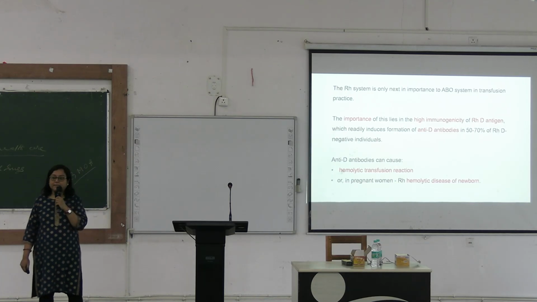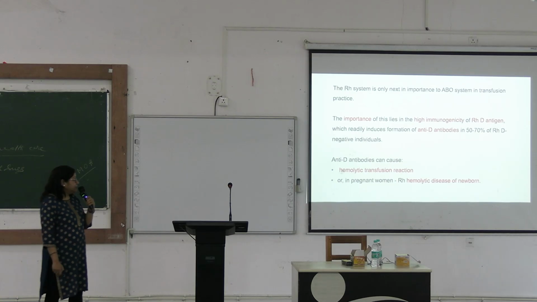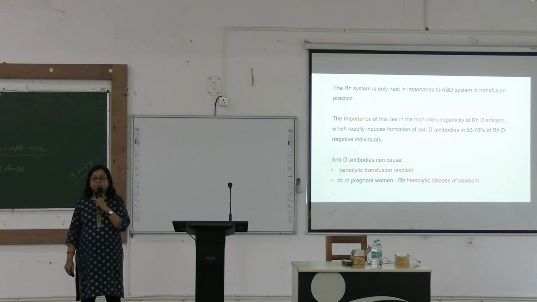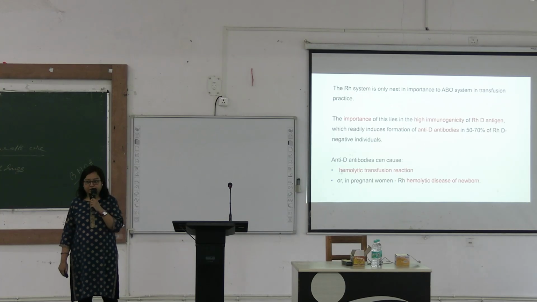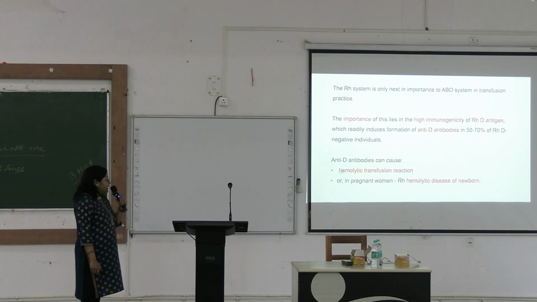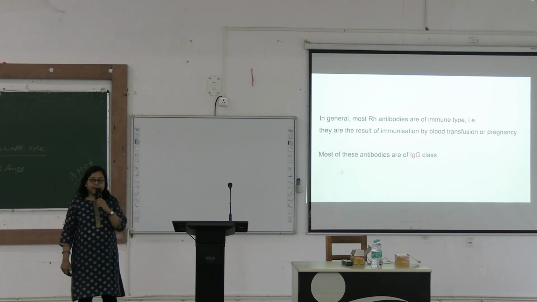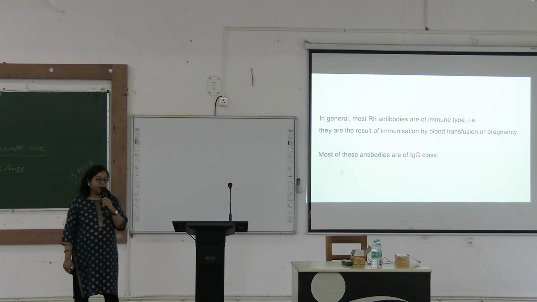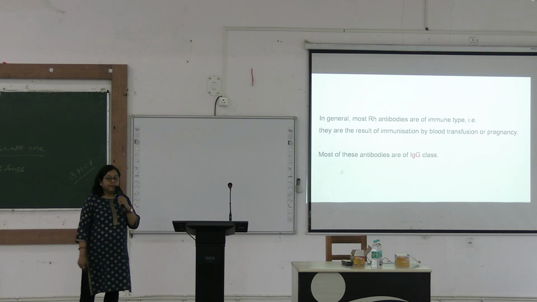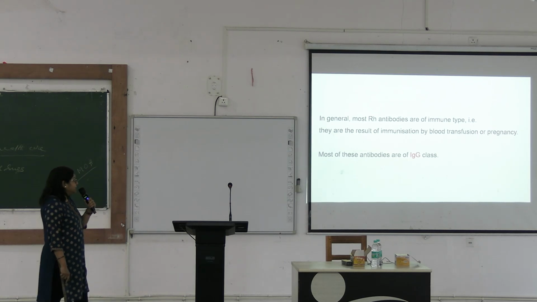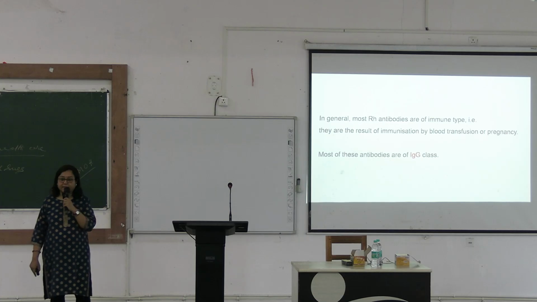So, anti-D antibodies can cause hemolytic transfusion reaction, and in case of Rh negative patients, it can induce hemolytic disease of newborn. Most Rh antibodies are of immune type. That means they are the result of immunization followed by blood transfusion and pregnancy.